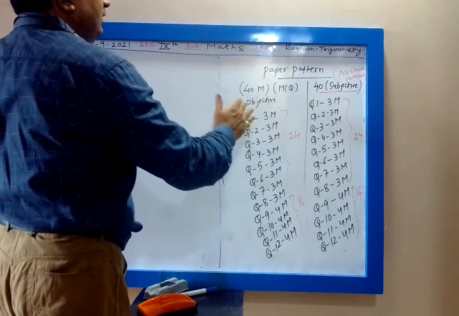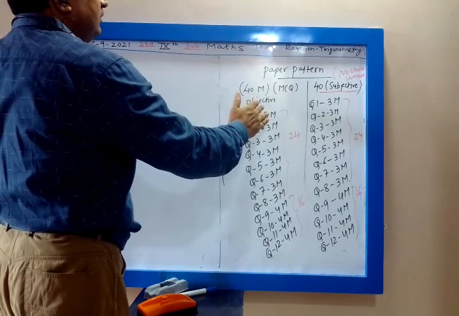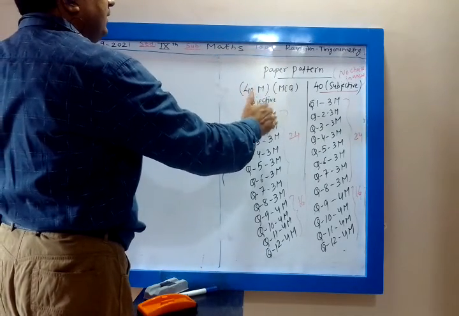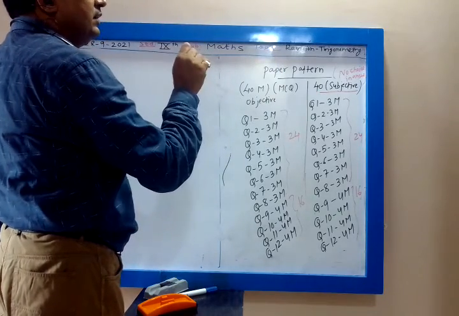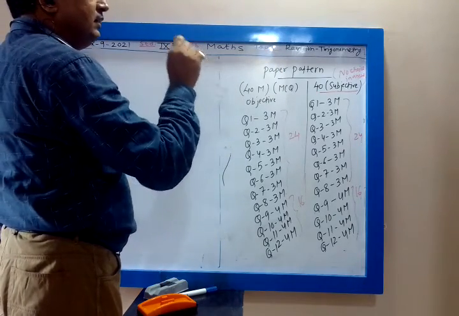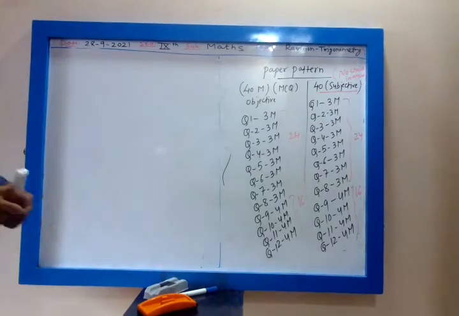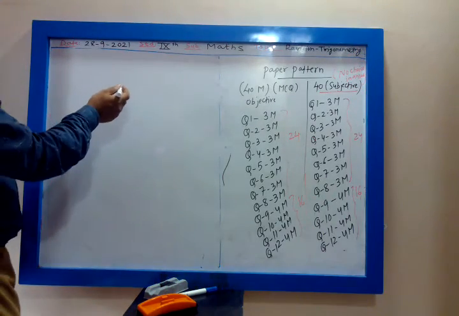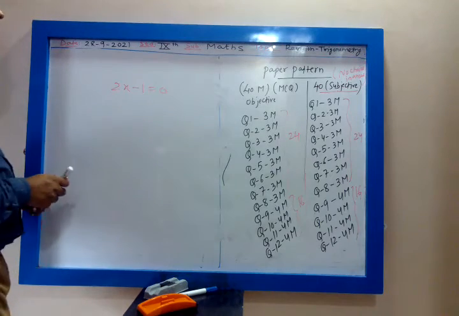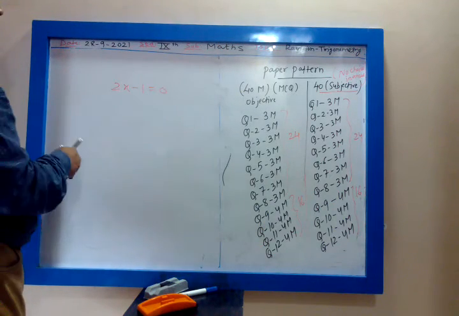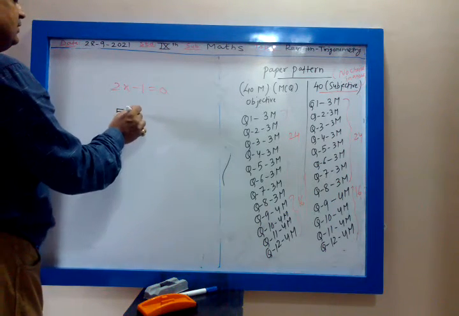The MCQ questions will not be repeated in subjective. Their type may be repeated. It may happen that in objective you have 2x minus 1 is equal to 0, and in subjective you have 5m minus 1 is equal to 0.